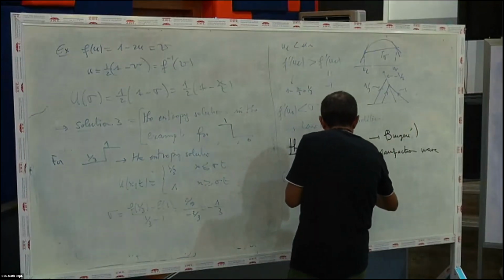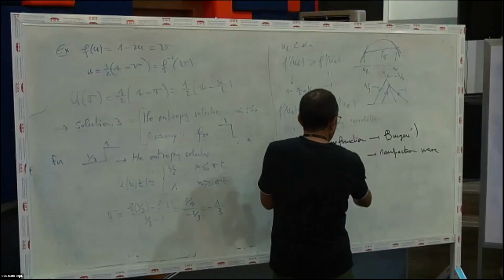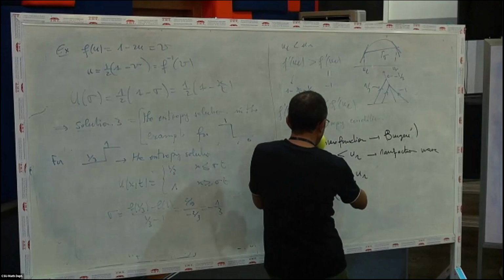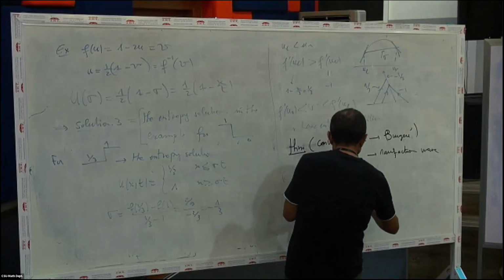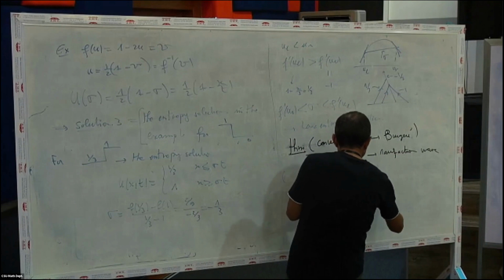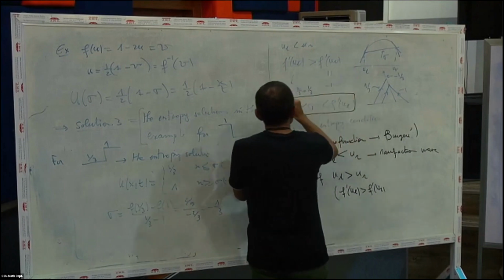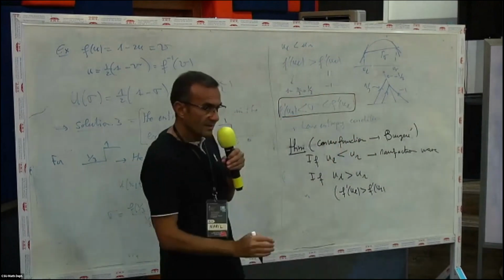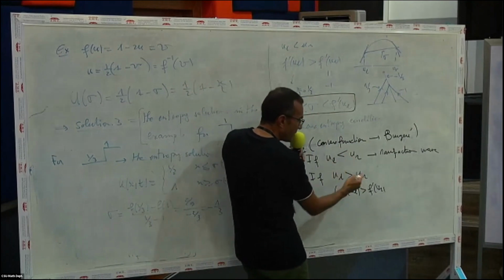And on the contrary, if UL is bigger than UR, and f prime is increasing, so f prime of UL is bigger than f prime of UR. So we respect this condition, even if you are concave or convex. F is convex, the derivative f prime is an increasing function.